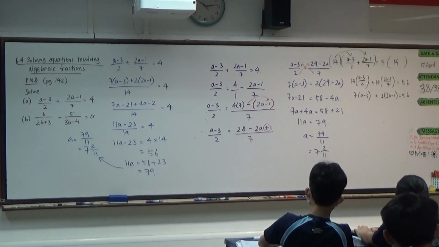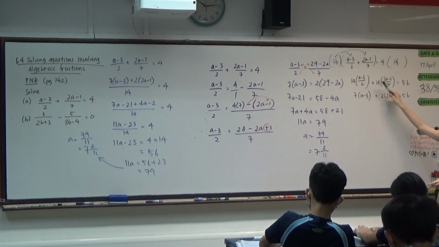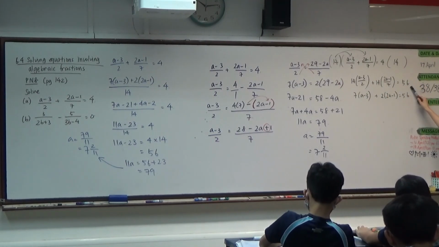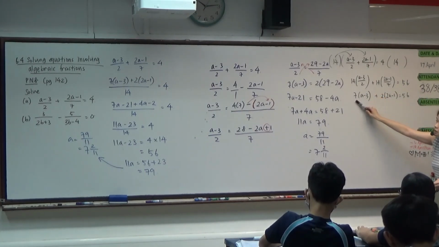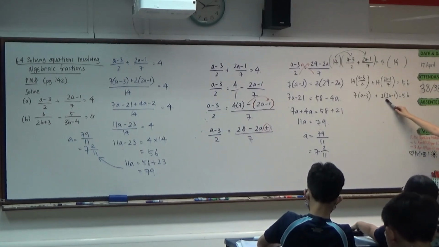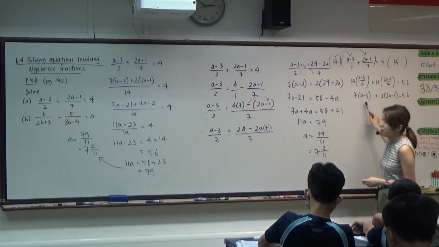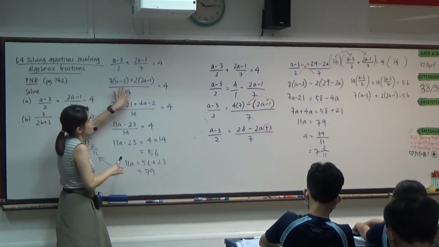So when I multiply across by 14, I'm actually multiplying every single term by 14, such that I'm able to get rid of the denominator and be left with a factor of 7 here and a factor of 2 here. So in this method, I can immediately jump into the numerator without the denominator.